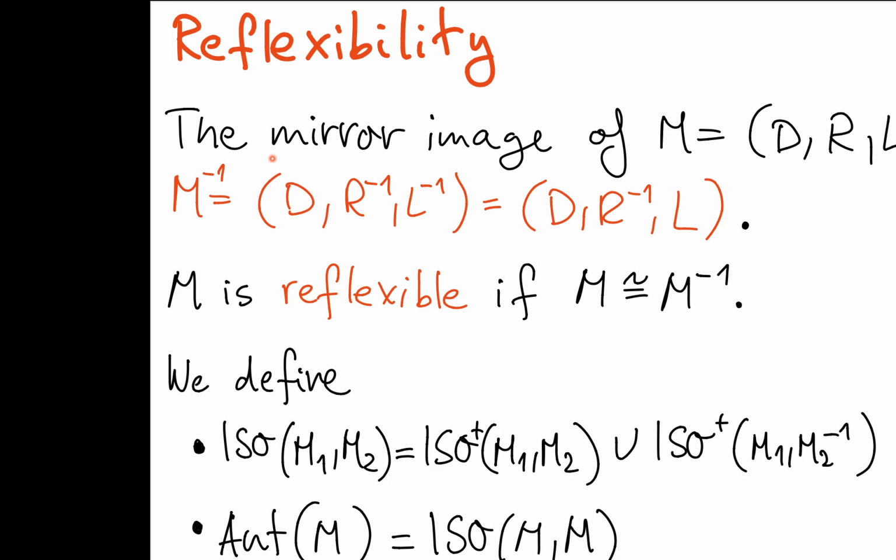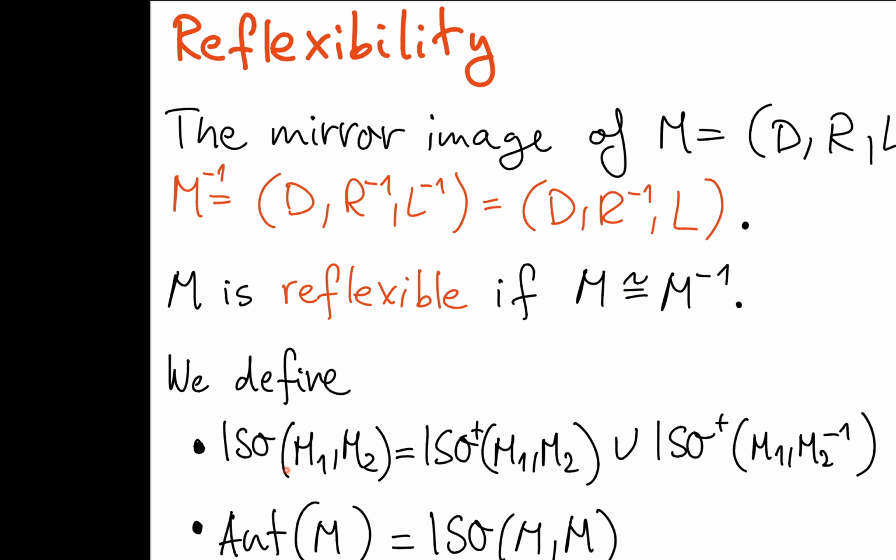Then we also consider reflexibility, so the orientation reversing automorphisms. And here the mirror image is just obtained by inverting the permutations, and a map is reflexible if it's isomorphic to its mirror image.